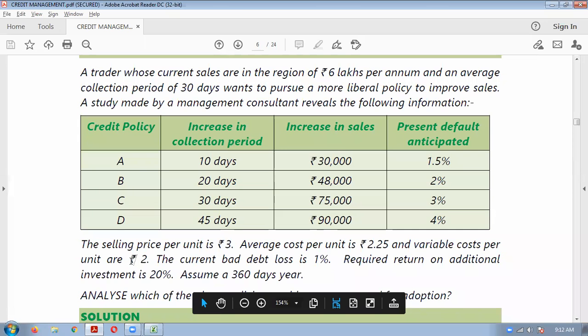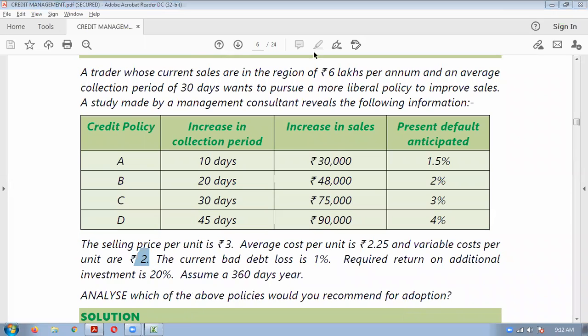Variable cost per unit is 2, and we know that variable cost per unit will always remain unchanged for any number of units. This point you should remember always. Variable cost per unit will remain unchanged for any unit, and total fixed cost will remain unchanged. That you have to remember.